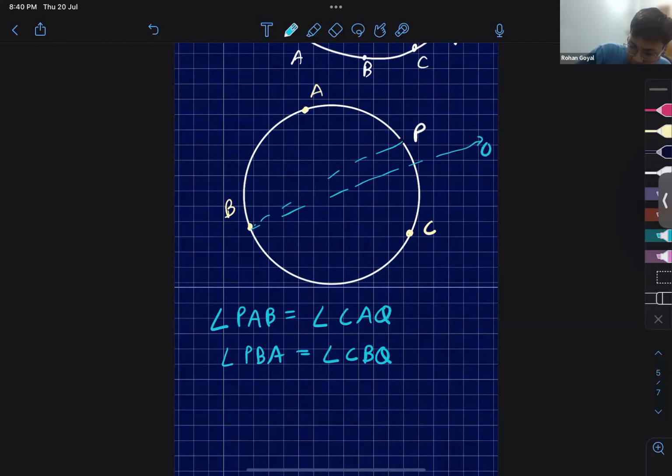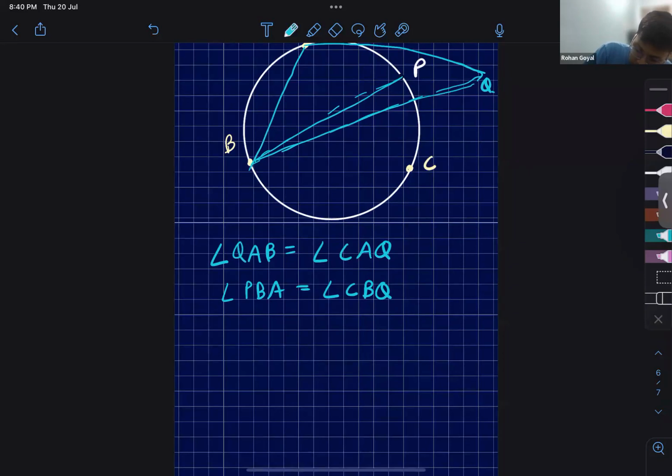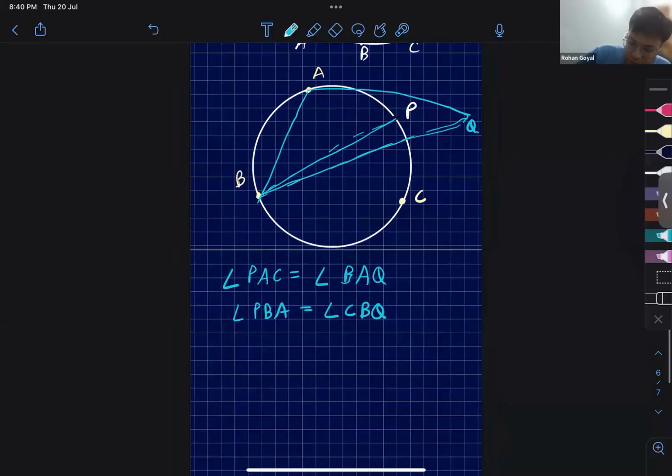So Q is somewhere along this line, which is the reflection here. But also, PAC is BAQ.